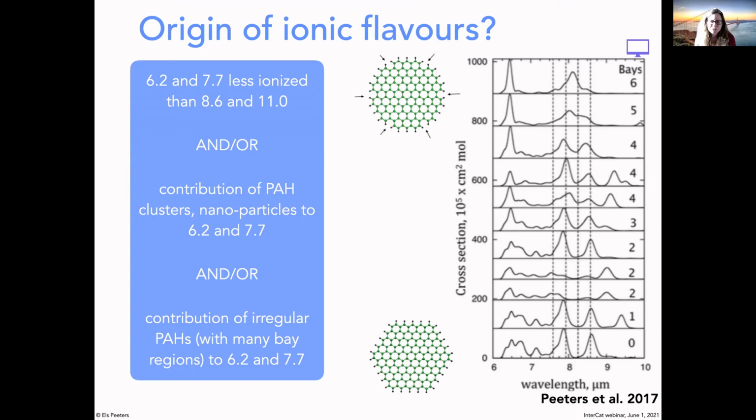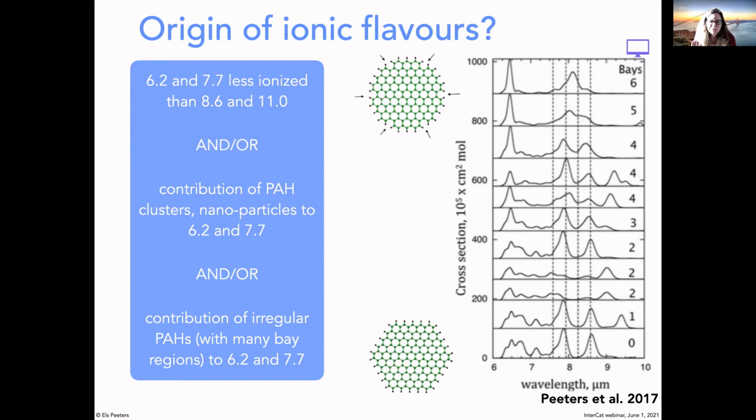The first one is that astronomers up to now talk about neutral PAHs and ionized PAHs. We do not make the distinction between singly ionized PAHs, doubly ionized PAHs, and so on, because observationally so far we could never do that.